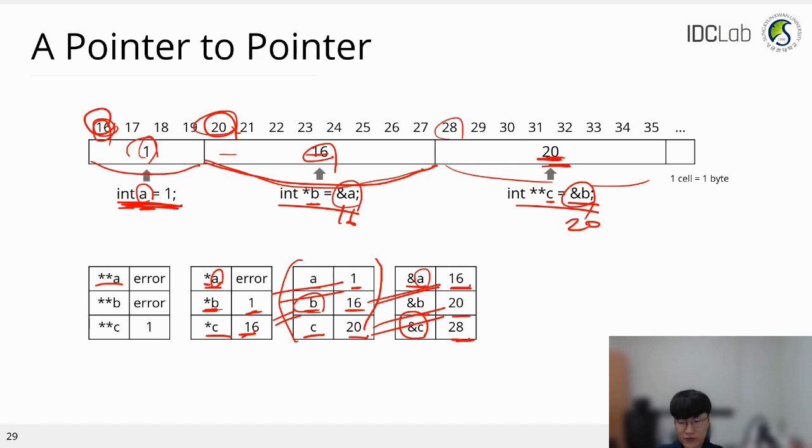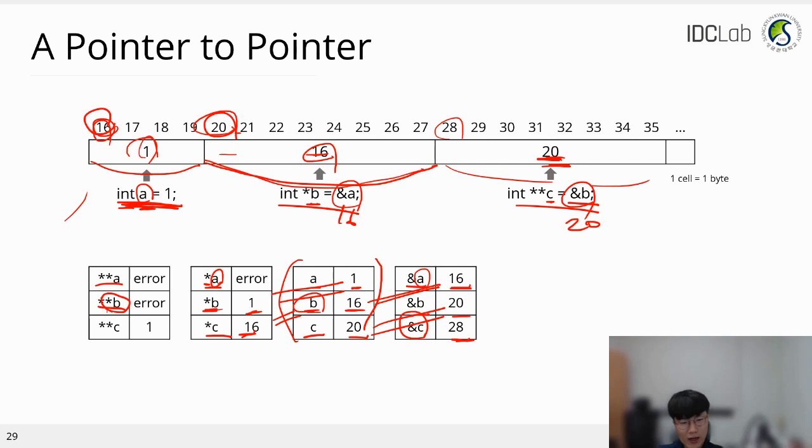Dereference A doesn't make sense as well. Dereference B. This time, dereference B is just a number 1. So you cannot access the memory address 1. It doesn't exist in this scenario.